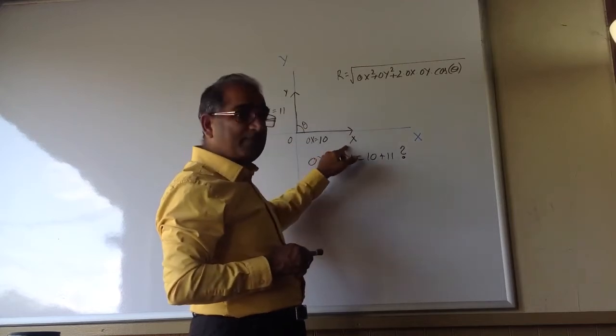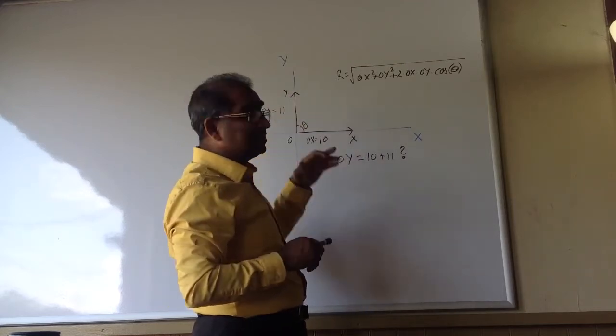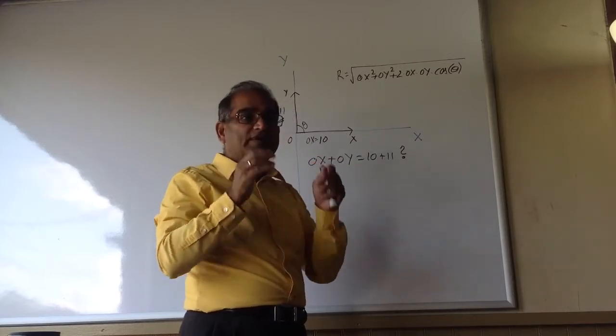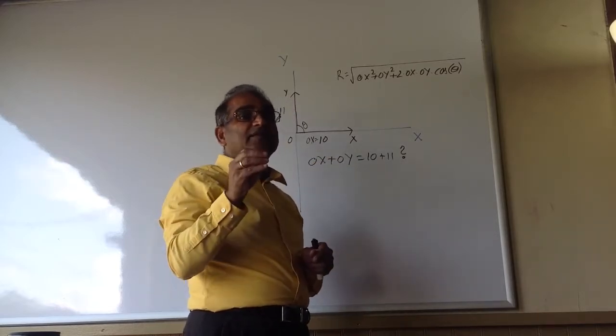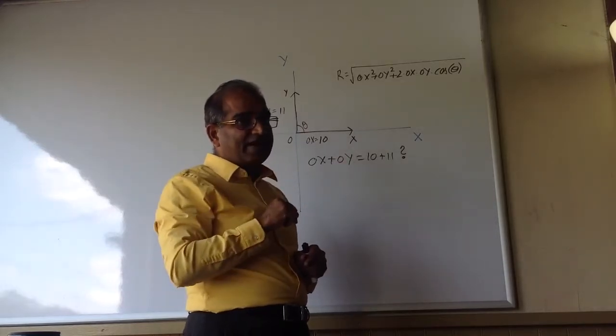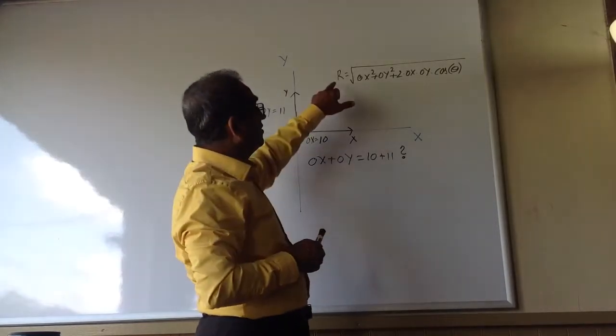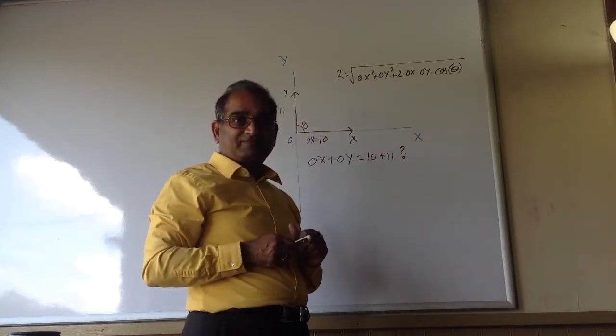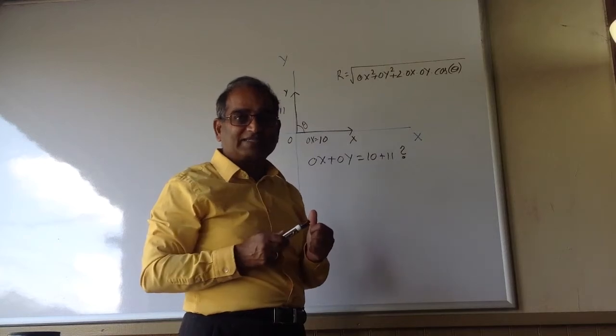We know OX is a vector, OY is a vector. So when I add two vectors, the result is also a vector. So it has this value, but what about the direction? How is that vector placed?